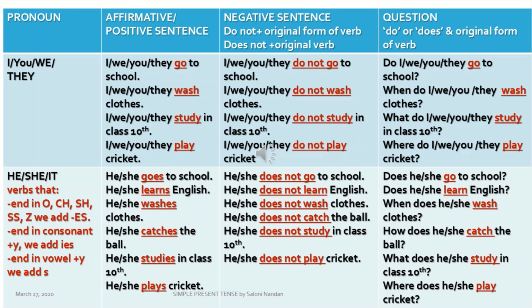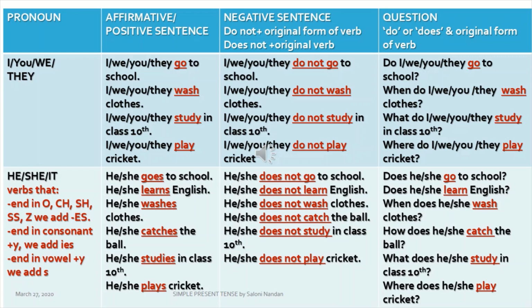Another rule, when the verb ends in consonant plus Y, we add IES to it to make simple present tense in affirmative or positive sentence. For example, he, she studies in class 10th.